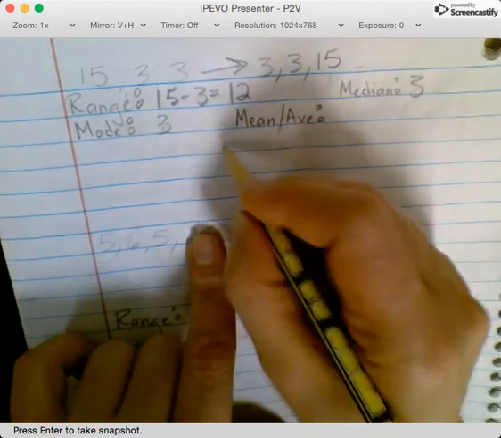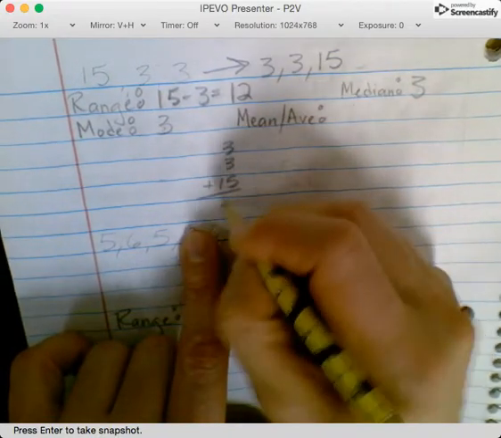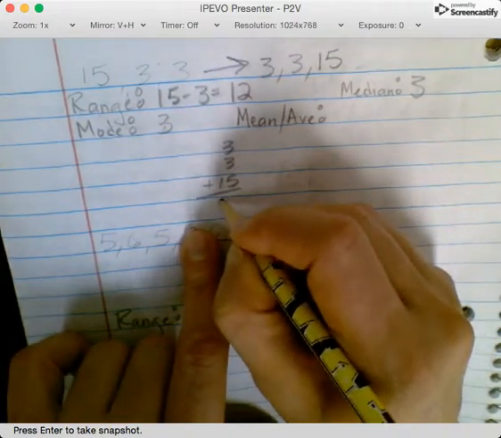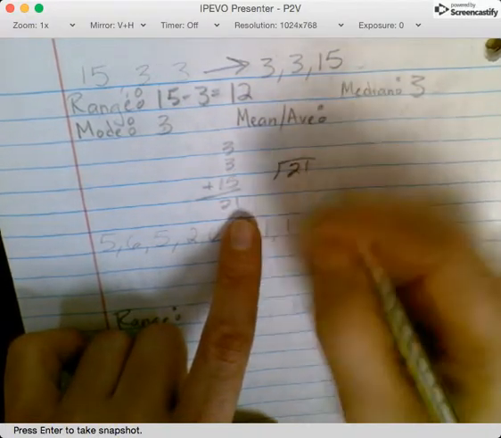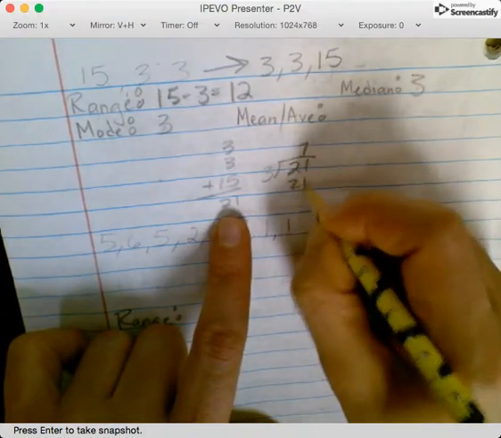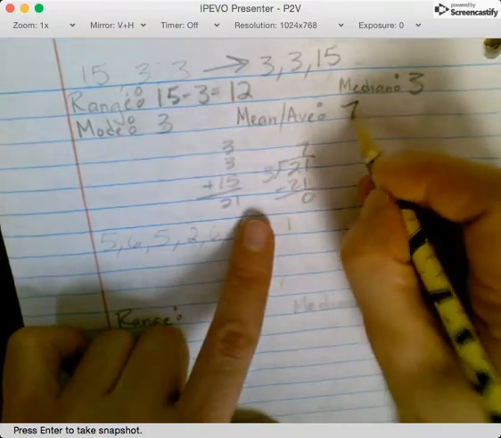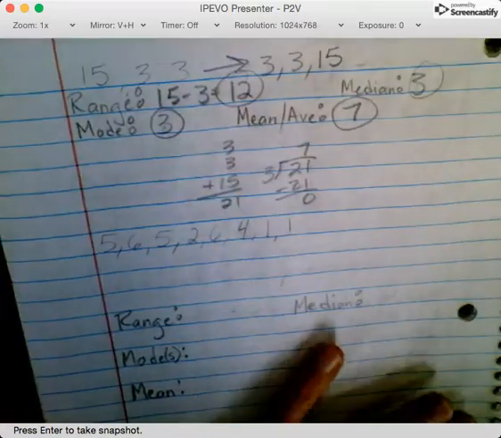And then my mean or my average, if I add those all up, that would be 21. And then I divide those by 3 because there are 3 numbers. And my mean or my average is 7. So those are my values for that one.